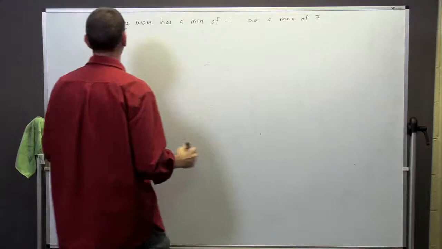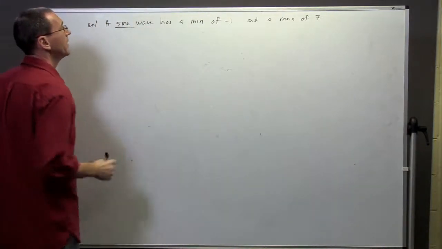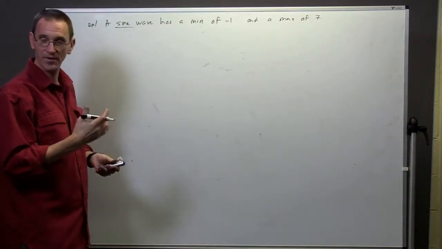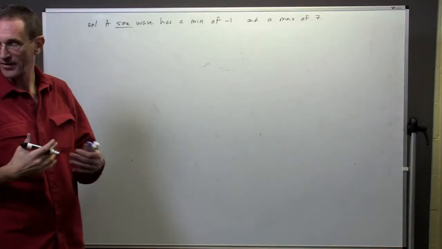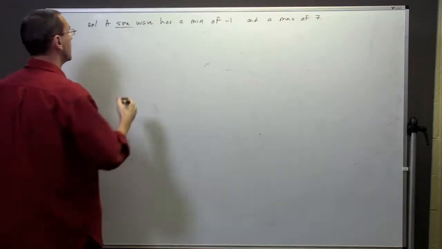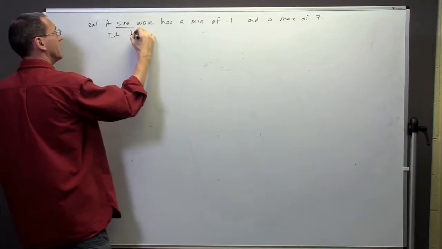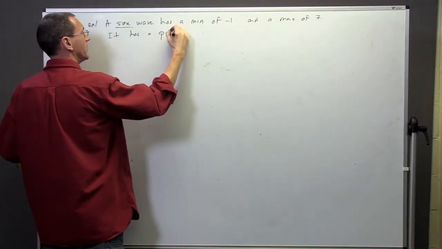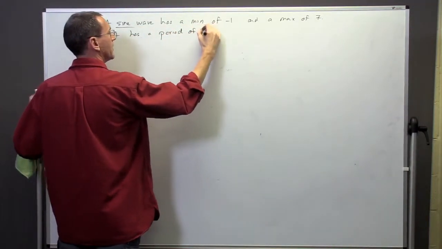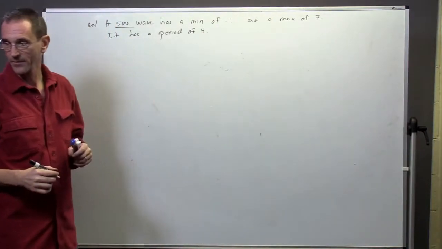So I've got a sine wave, so that's telling me something. And it's going to go from -1 up to 7, and it's just going to keep repeating, going up and down between -1 and 7. It's going to have a period of 4.